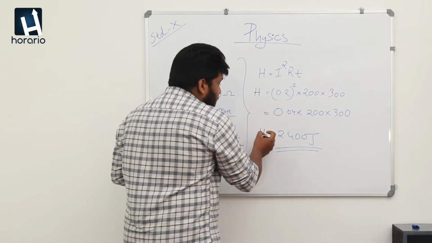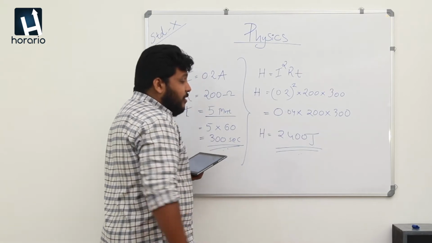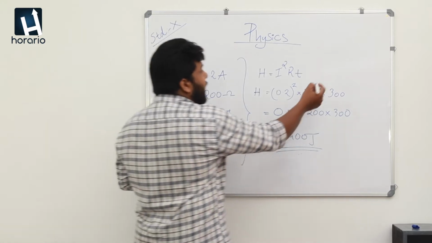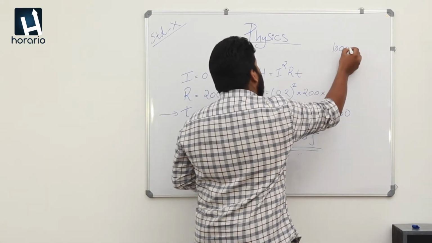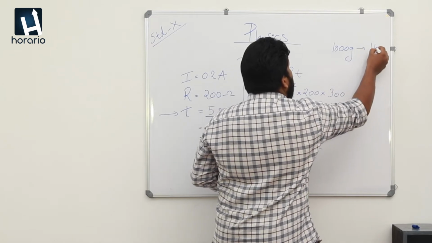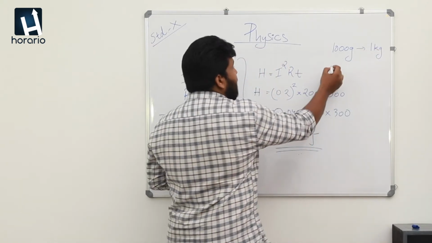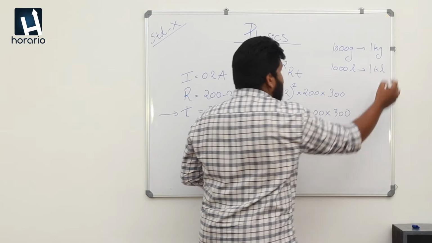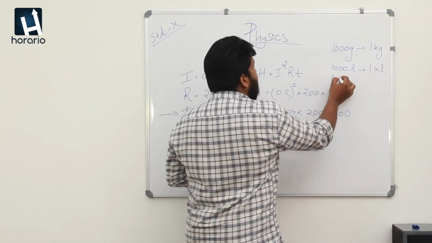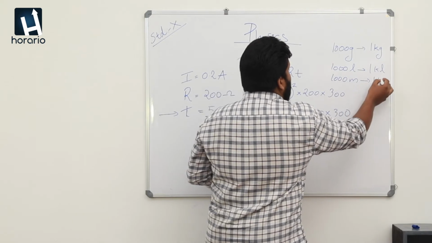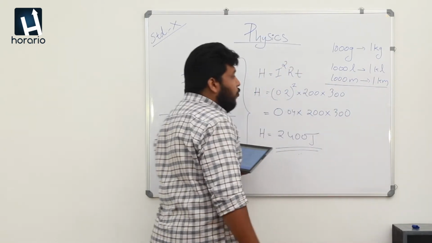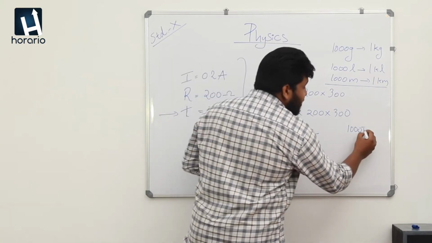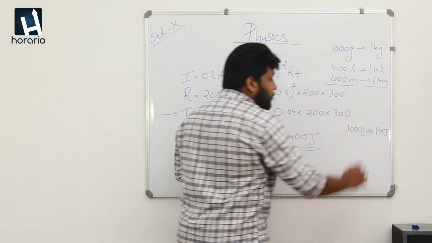Here we get an answer equal to 2400 joule. We know that 1000 gram is equal to 1 kilogram, like that 1000 liter is 1 kiloliter, 1000 meter is 1 kilometer. So what will be the value for 1000 joule? 1000 joule can be written as 1 kilojoule.